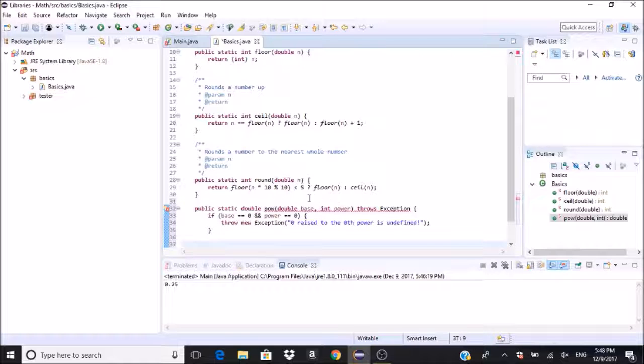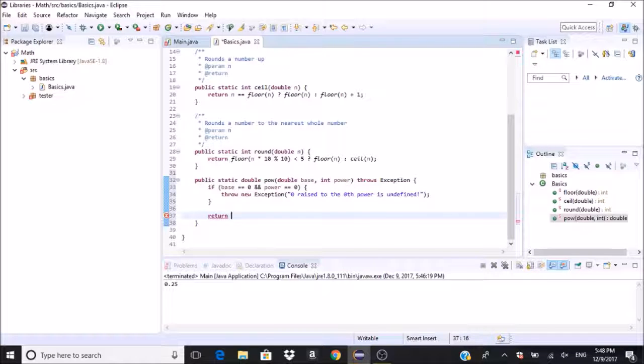Now that we have this, we can start writing this function. First we check if the power is 0, and that's going to return 1. Otherwise, if it's greater than 0, then we'll return base times the base raised to the power minus 1.